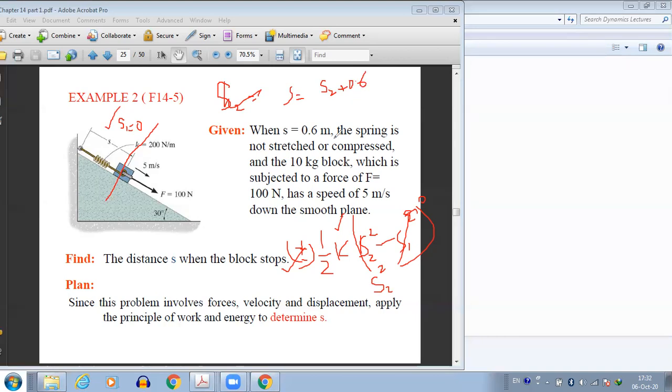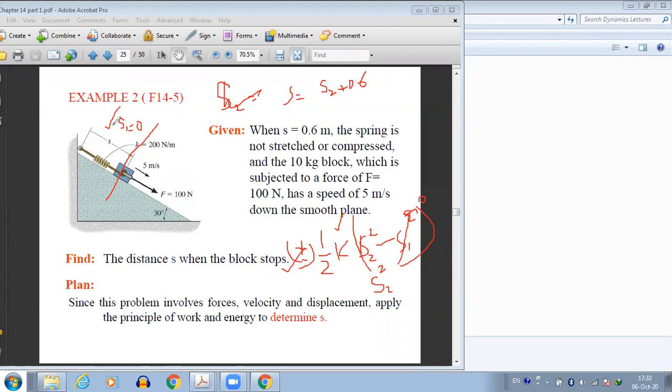This is the relationship, because initially S1 was the unstretched position and it was 0. At that point, S is equal to 0.6. So when it is fully stretched, that is S2, and S will be whatever the stretch we have plus 0.6.